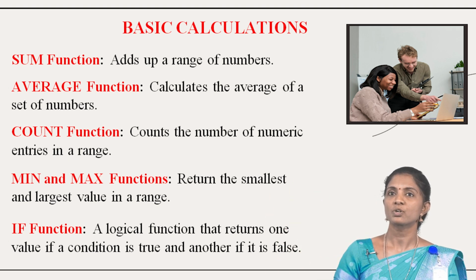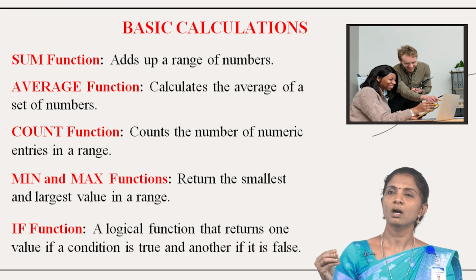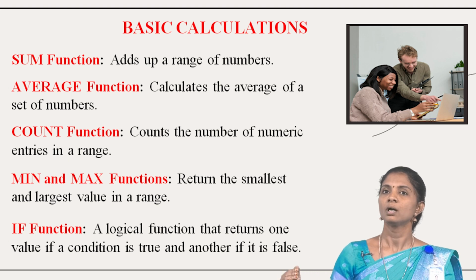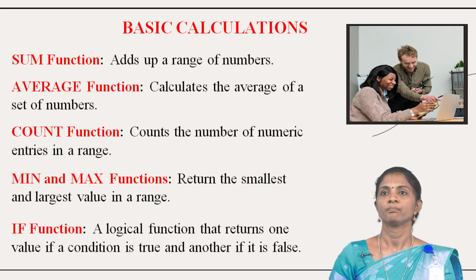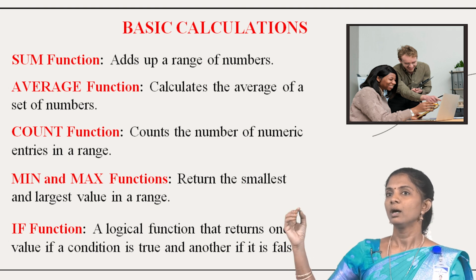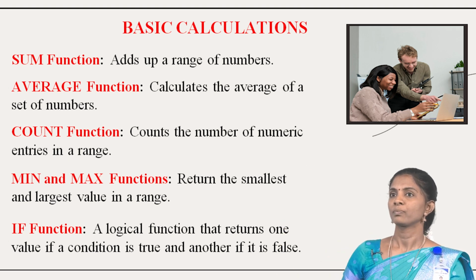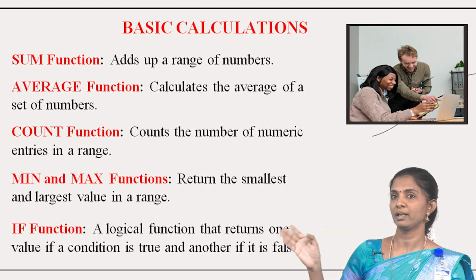Next, other functions: IF function, VLOOKUP function and text functions. The IF function is a logical function that returns one value if the condition is true, and another if it is false. For example, if E1 is greater than 100, put Passed; otherwise, put Fail.